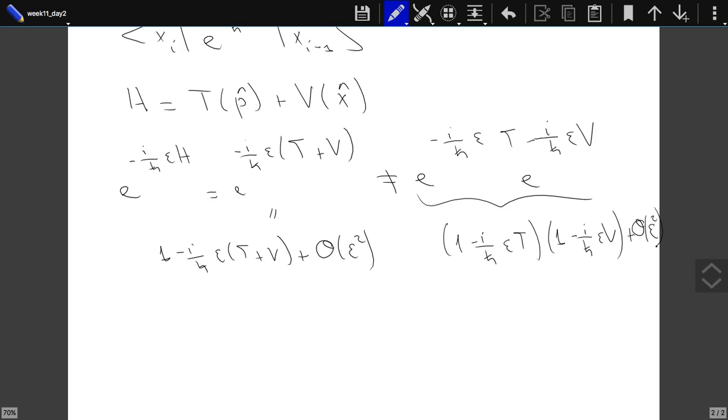I can just expand each of these parentheses, and it will be equal to 1 minus i over h bar epsilon (T plus V) plus terms of the order of epsilon squared. So as long as I can ignore terms proportional to epsilon squared, the left-hand side and the right-hand side are equal.